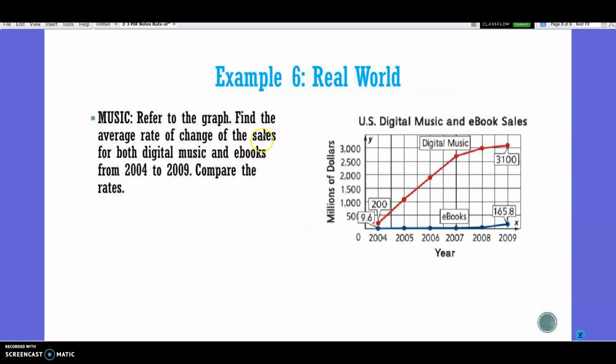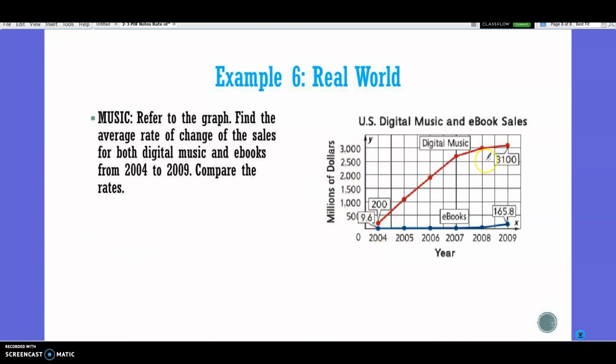Find the average rate of change of sales of both digital music and ebooks from 2004 to 2009. So from here, from 2004 to 2009, for digital music, again, my year is my x values. So we'll use 2009 minus, change in y first.